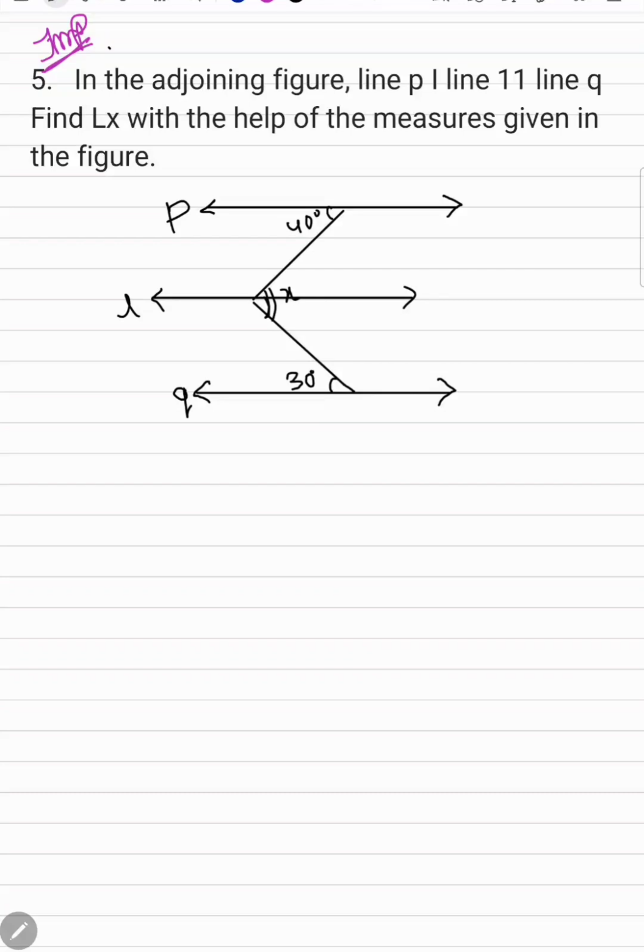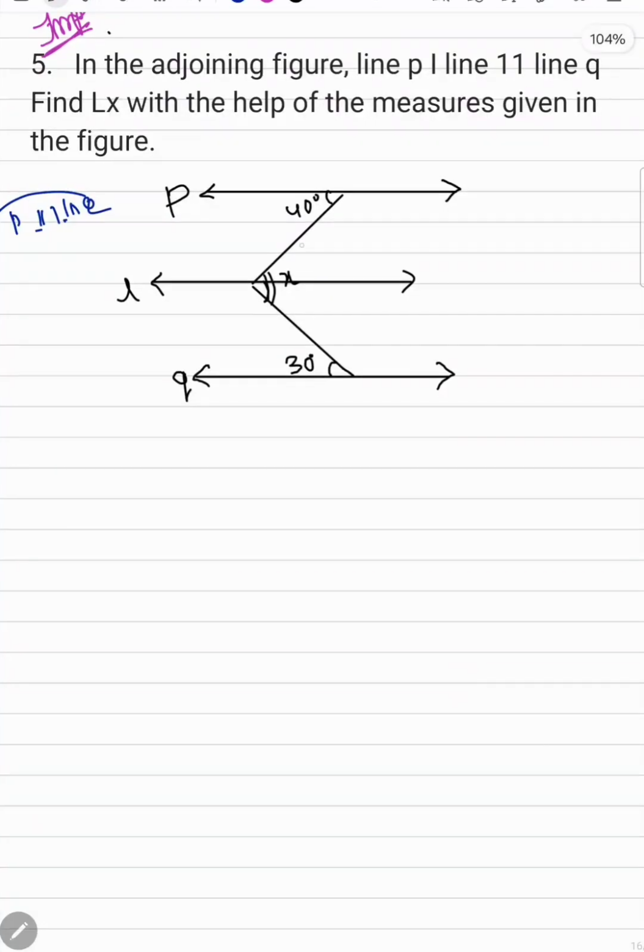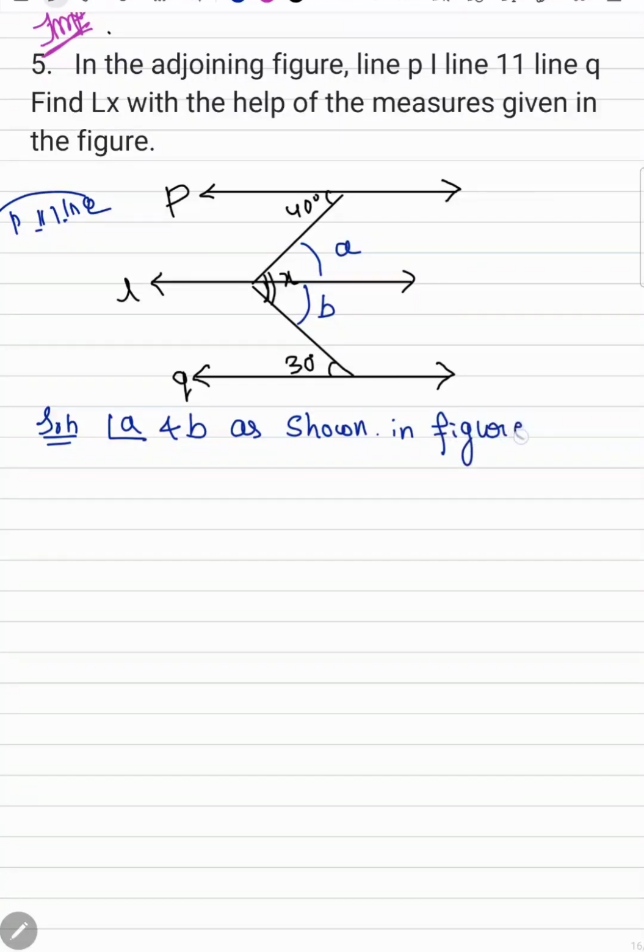In the adjoining figure, line P is perpendicular to L and Q. P is parallel to L and parallel to Q. Here we denote this angle as A and this as B. We write that we denote angle A and angle B as shown in the figure.